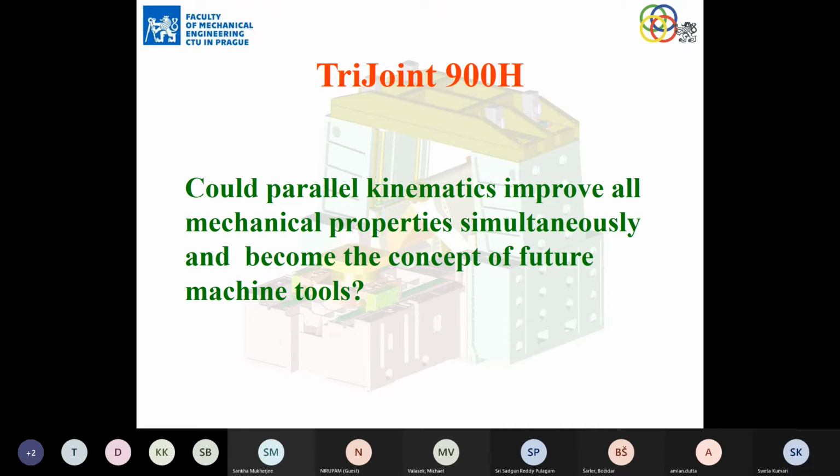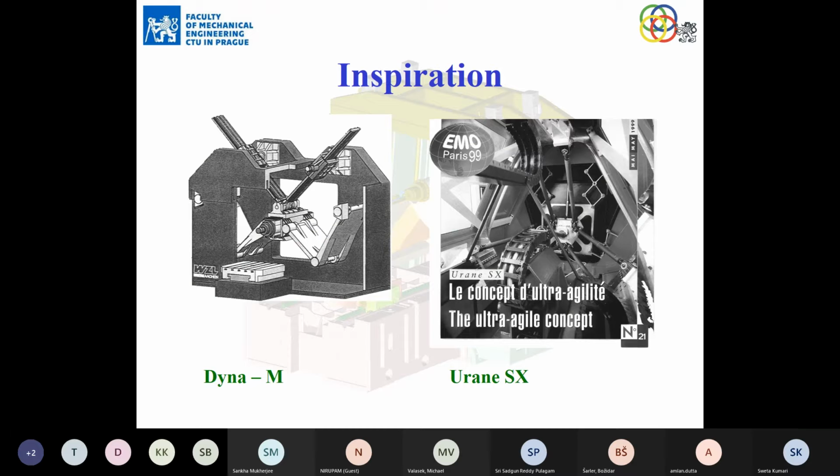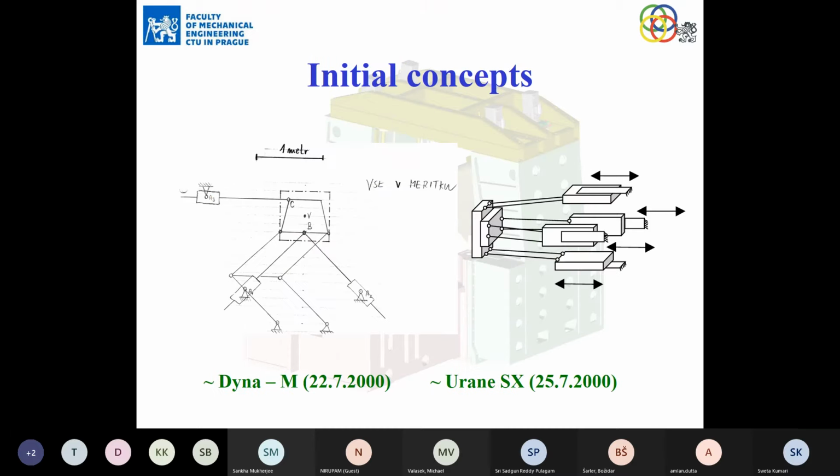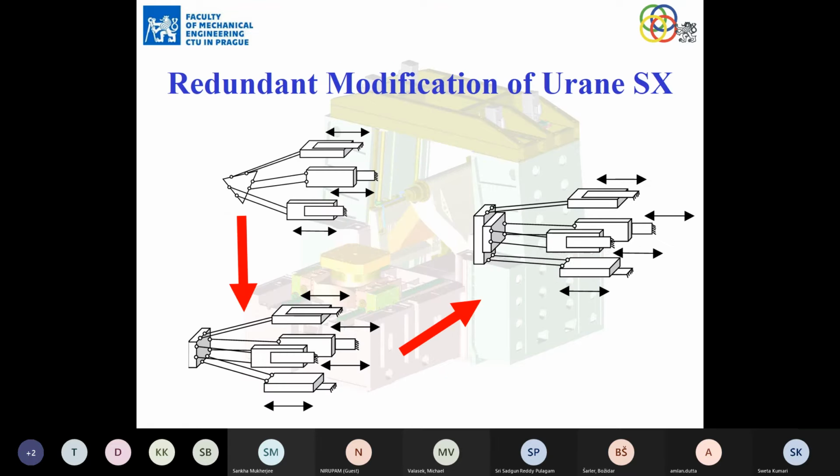In fact, we started with some inspiration. We started with some initial concepts. They were elaborated from equally actuated machines, with the same number of actuators as degrees of freedom, up to over-actuated machines, redundantly actuated, which significantly improves the properties of a parallel kinematic machine, but certainly the cost is more actuators and a difficult control approach.